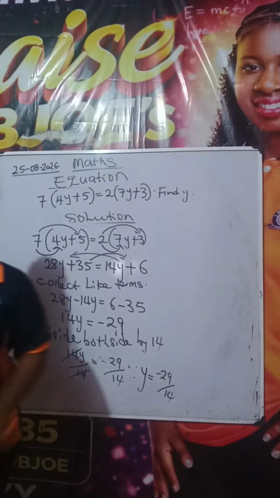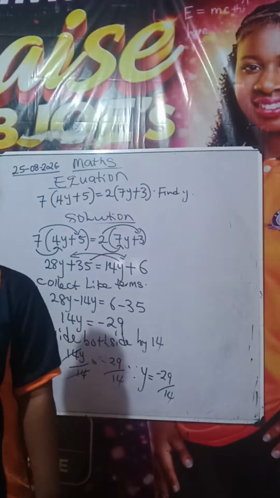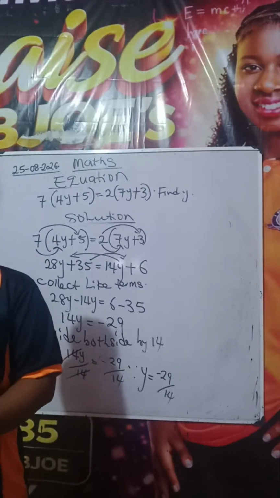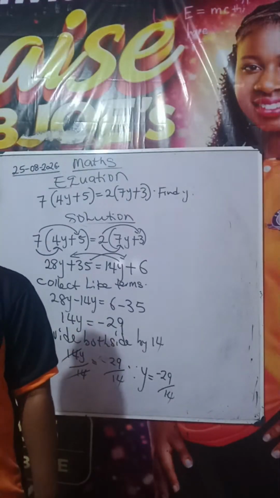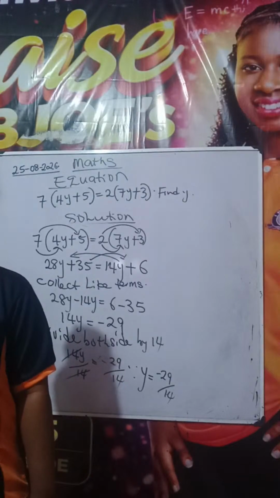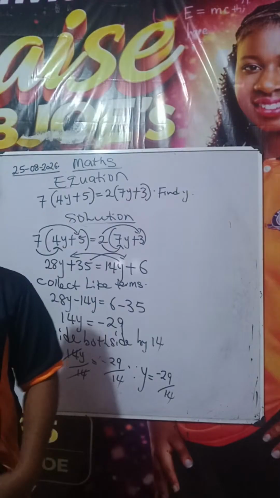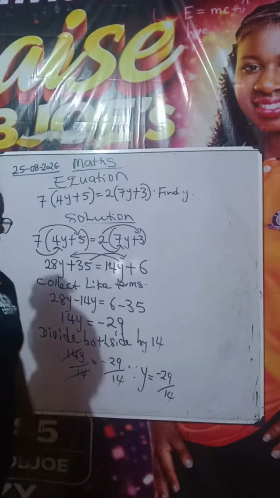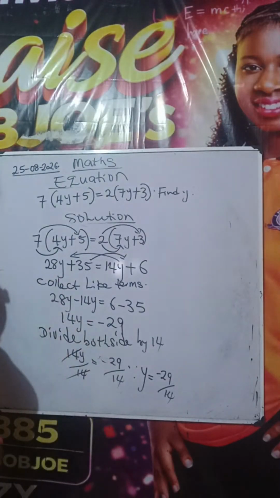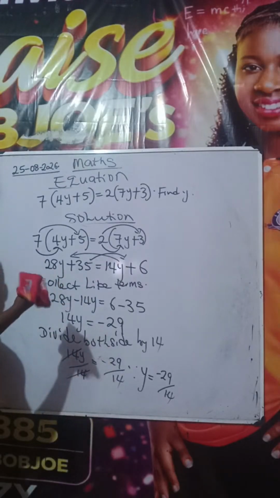Okay, so if no question, the 29 is minus, so that is why it's minus. Because it's minus, no need to simplify, it's negative. So now we try another one, let's see.